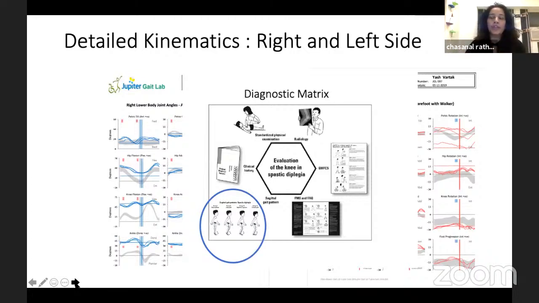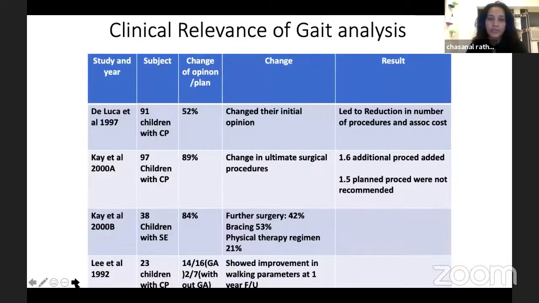Sir has also specified this before, and we have been constantly talking about this diagnostic matrix, that it makes treatment of CP very simple, which is otherwise quite difficult because of the inter-joint relationships or the interplane relationships. And that's how using this data together with each of the other information we have makes a lot of sense in deciding what surgery is needed.